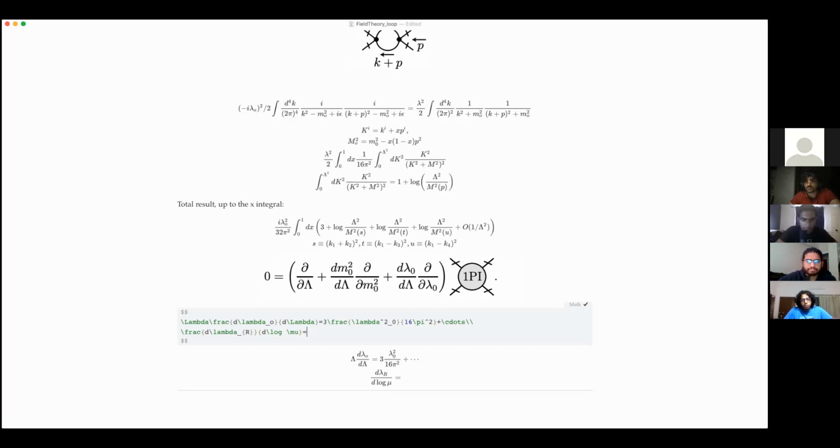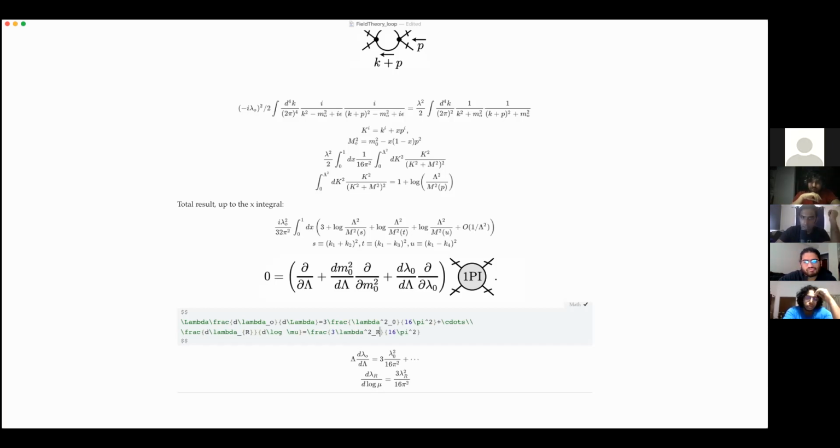So I'd have 3 lambda naught squared over 16 pi squared. This would be lambda r, sorry, the renormalized coupling. This is just because the form of the RG flow equation doesn't change where you evaluate it.